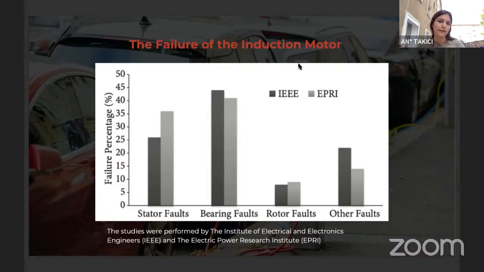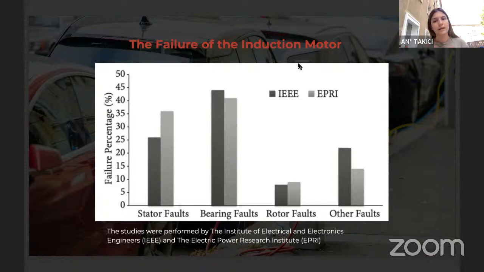The second most common failure is shown in the stator faults. The induction motor can go up to high temperatures, which causes lots of heat in the engine, and these are really damaging faults and serious problems that we care about.